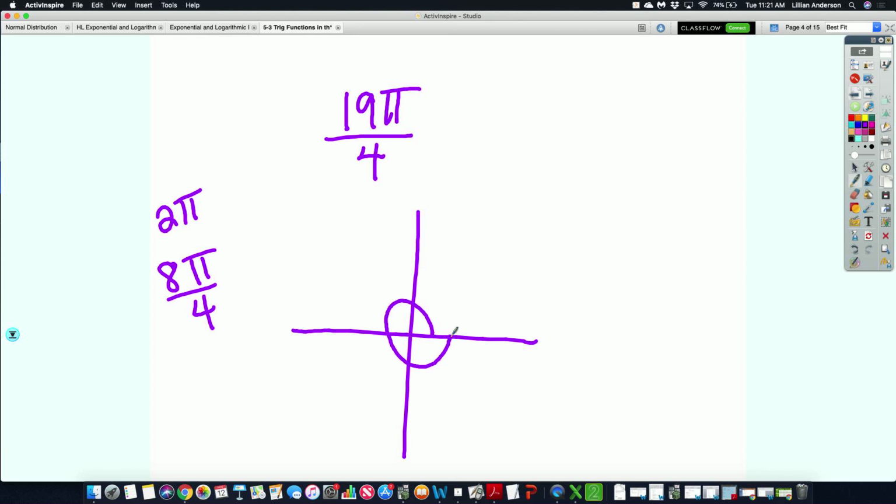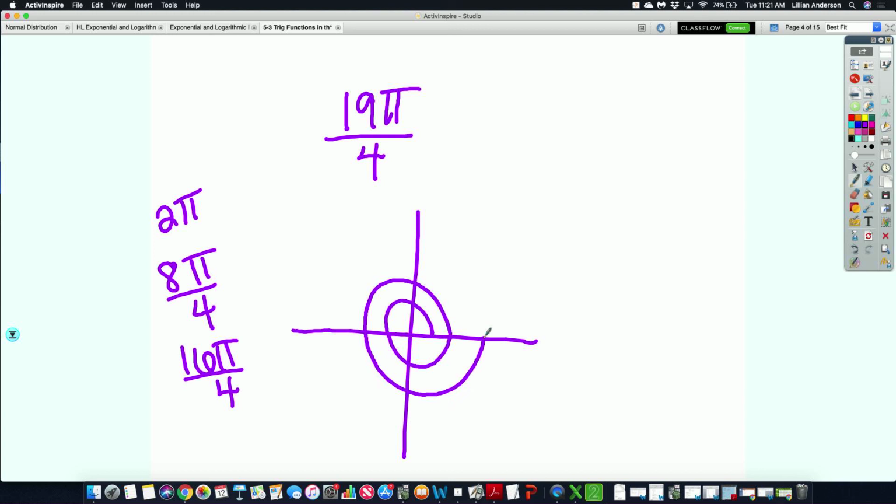If I added another 2 pi, that's another 8 pi over 4. What's 8 pi over 4 plus 8 pi over 4? 16 pi over 4. It's still not 19 pi over 4, so I have to go around another time.